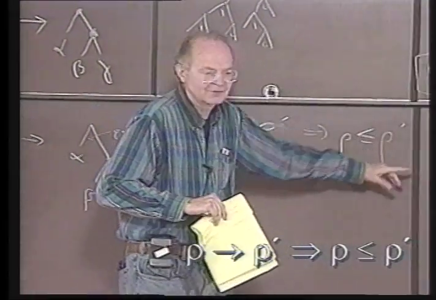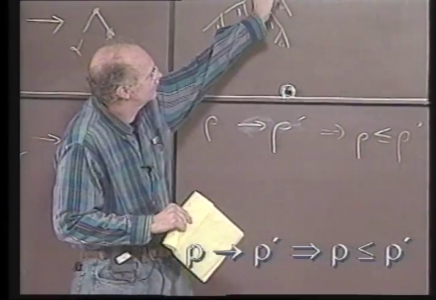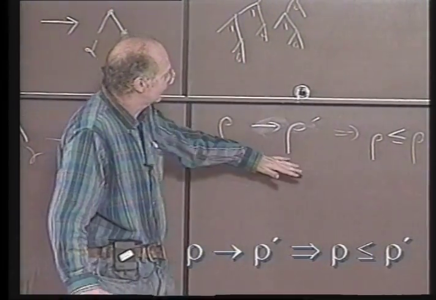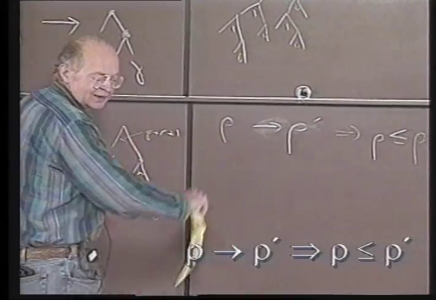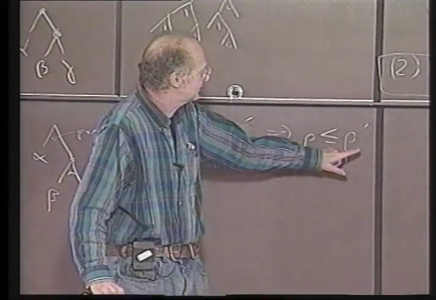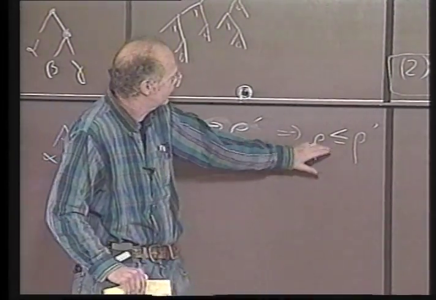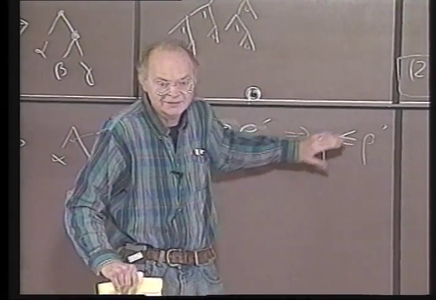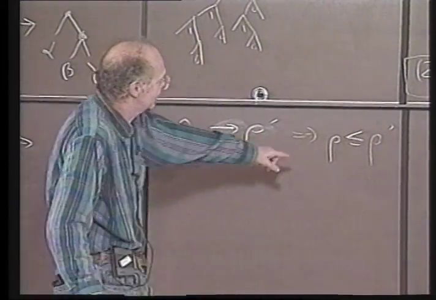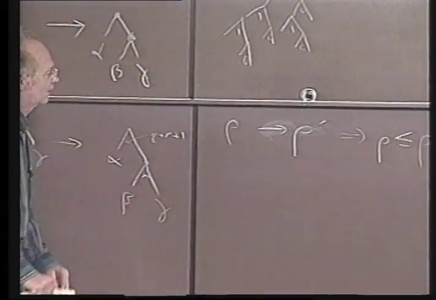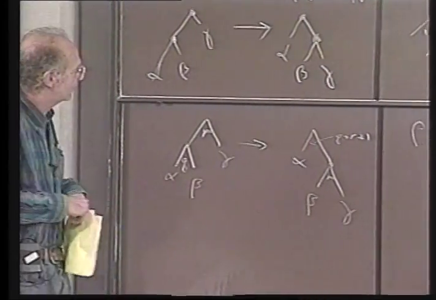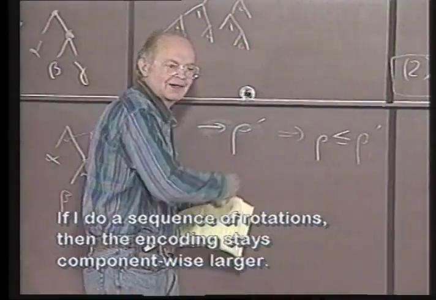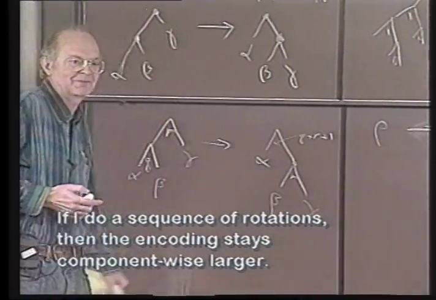Let me use this less than or equal on a row to stand for a sequence of numbers, like 1, 0, 1, 0, 3, 101. And I do a rotation, any rotation whatsoever in that tree. Whatever I get, the first component of rho is less than or equal to the first component of rho prime, the second component less than or equal, and so on. In fact, it's going to be equal everywhere except in one place. So it's quite clear then that if I do a sequence of rotations, it stays component-wise larger. Okay.